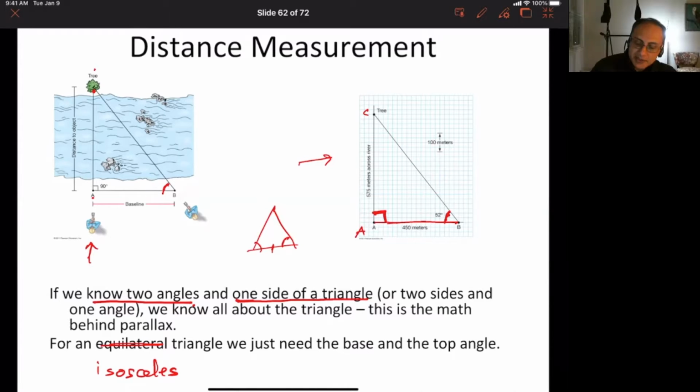If you have a triangle with two equal length sides, that's called an isosceles triangle, then the requirement becomes even simpler. So if you just know one side, you only need to know this angle at the top. Because if you know this angle at the top, you can easily figure out what these two angles are. How would you figure out these two angles if you know the angle at the top? What do the angles of a triangle add up to?